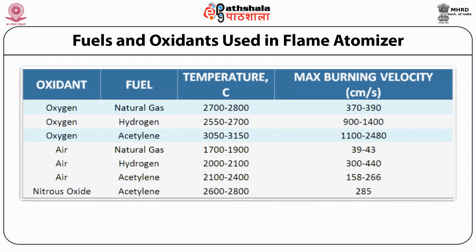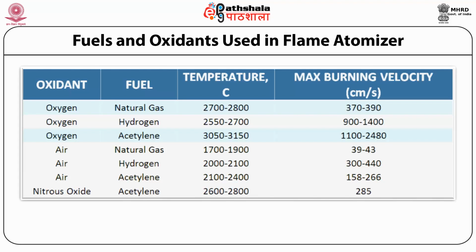This slide shows you the mixtures of fuels and oxidants that are commonly used in flame atomizers. The left extreme column shows the oxidants, the second is the fuel, the third is the temperature they produce, and the last column is the maximum burning velocity. For example, by mixing oxygen and natural gas, a temperature of 2700 to 2800 degrees centigrade can be obtained with a burning velocity of 370 to 390 centimeters per second.